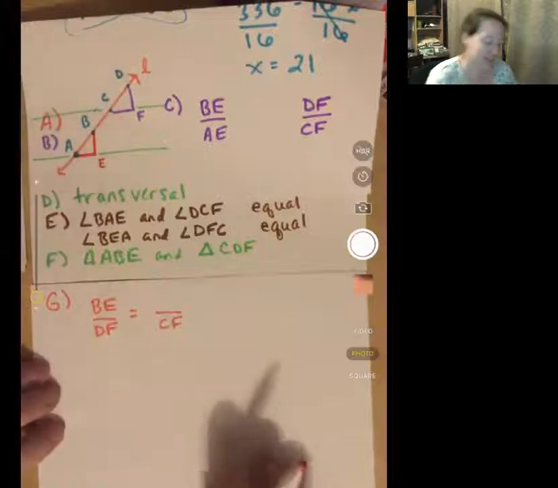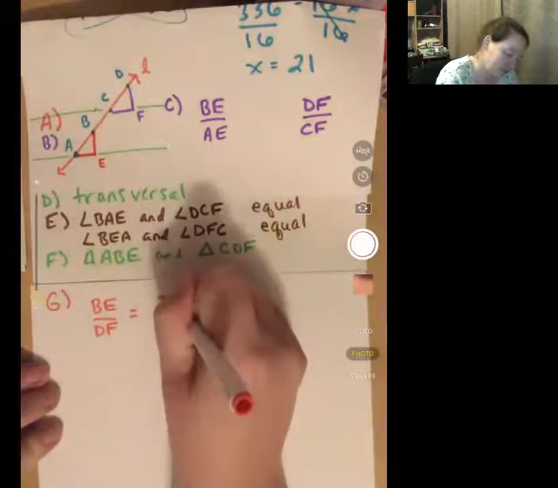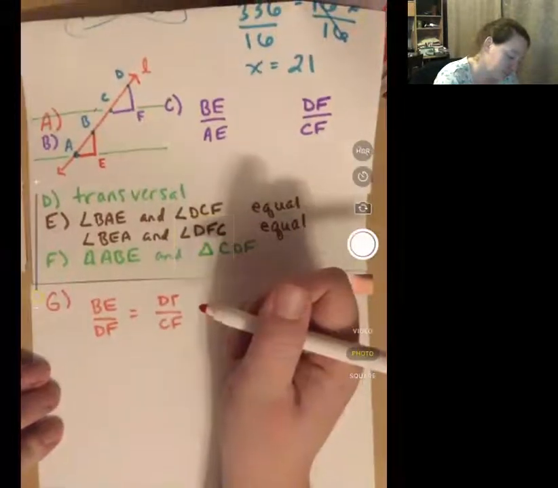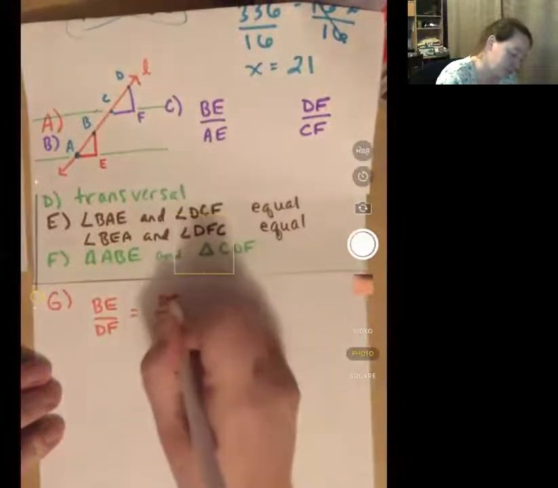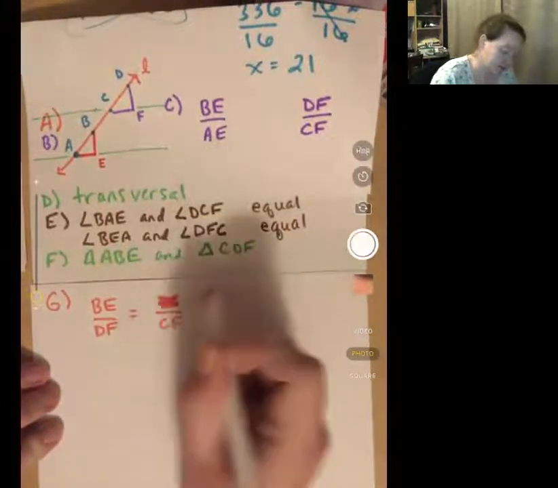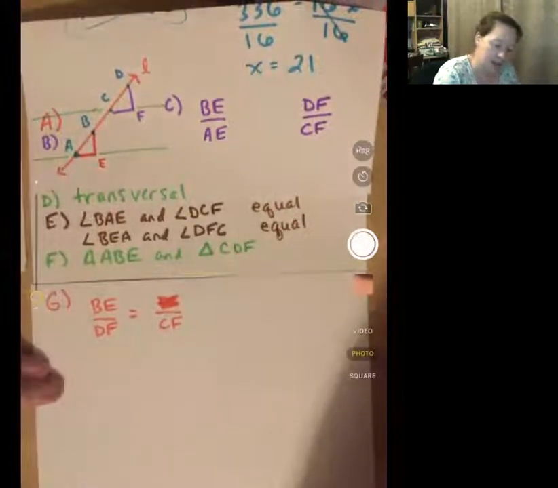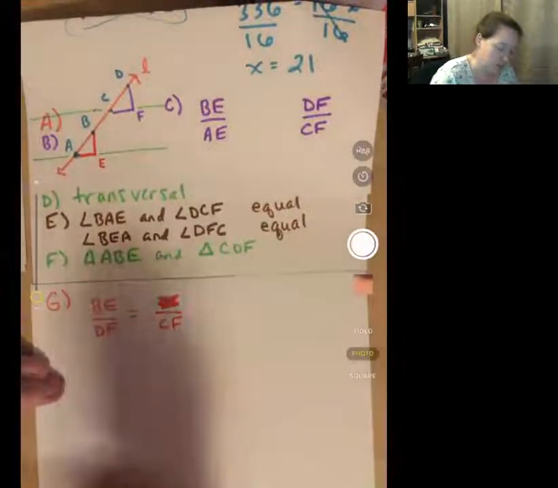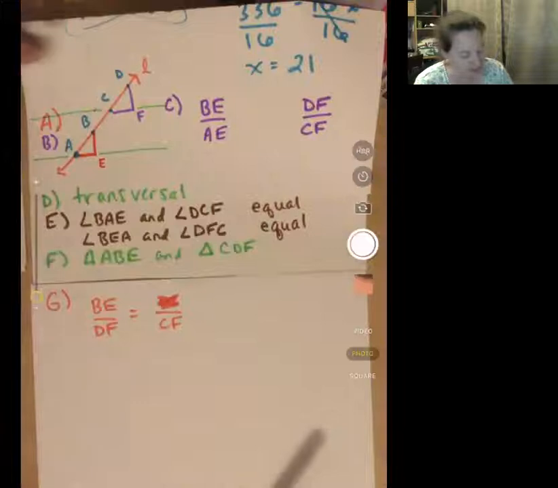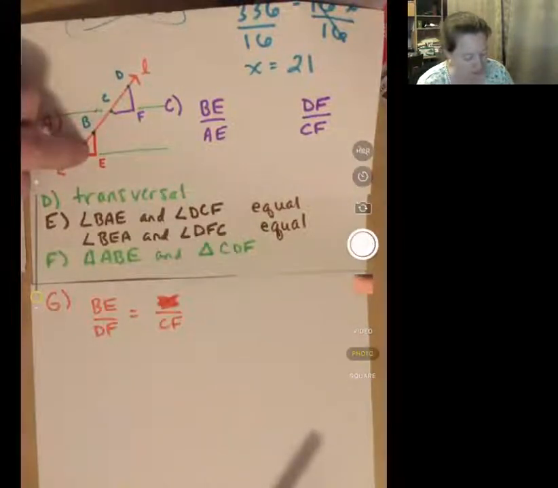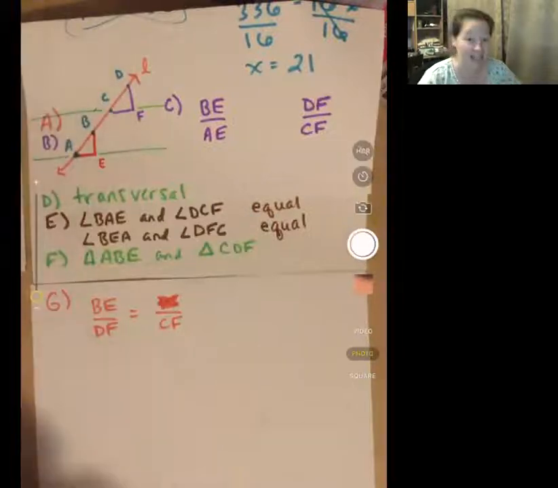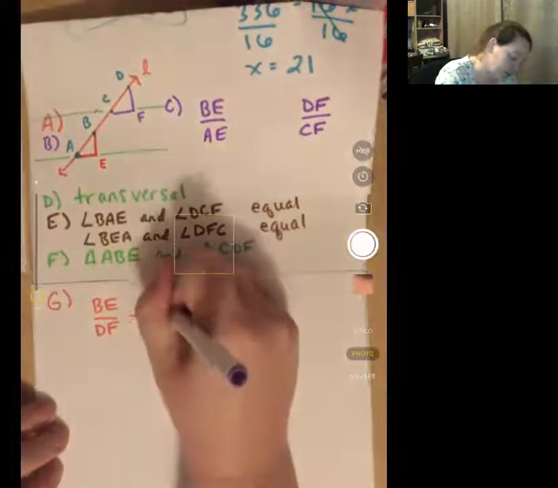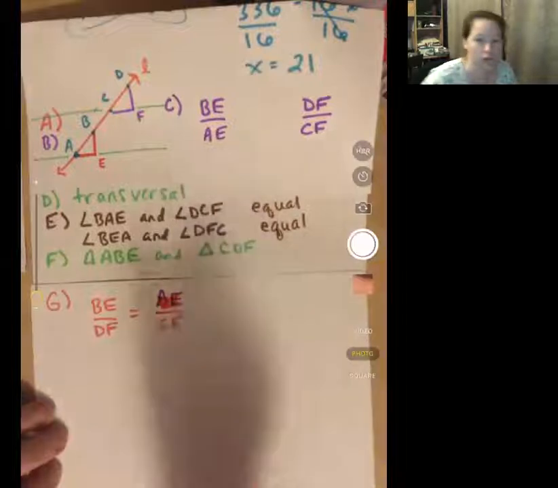BE goes with DF. Oh, wait. No, I'm looking at the wrong one. Sorry, guys. I have the DF and the BE going together. So CF goes with AE. I got myself confused about which one they were using.